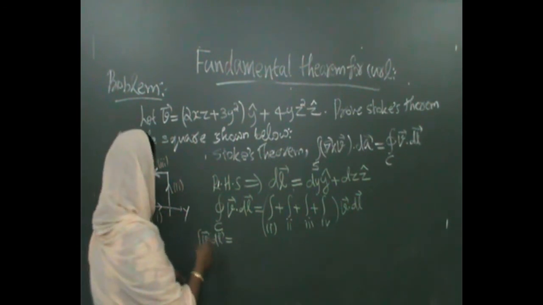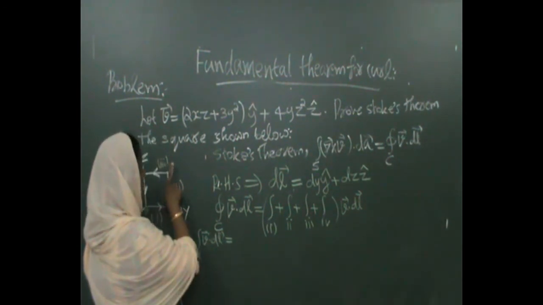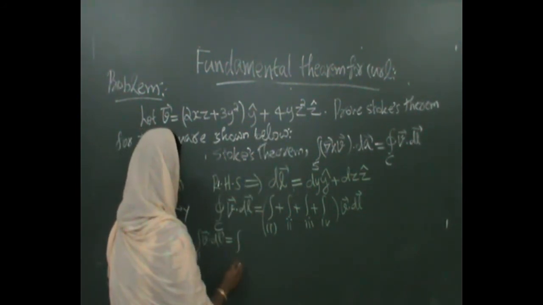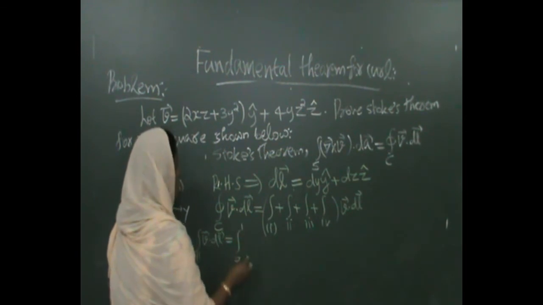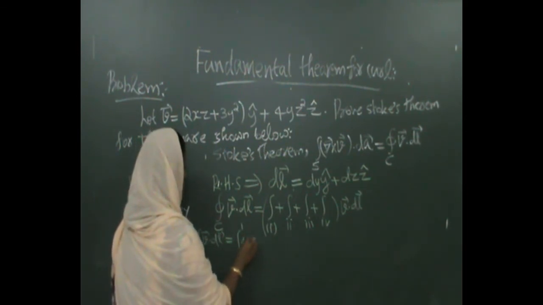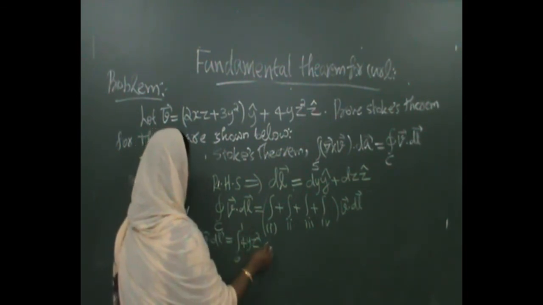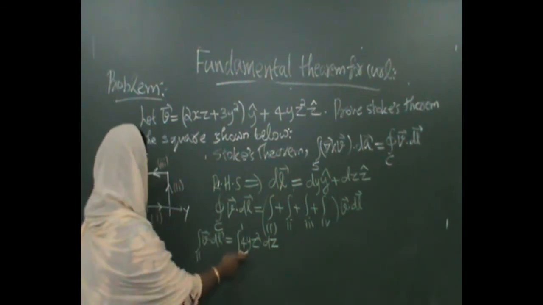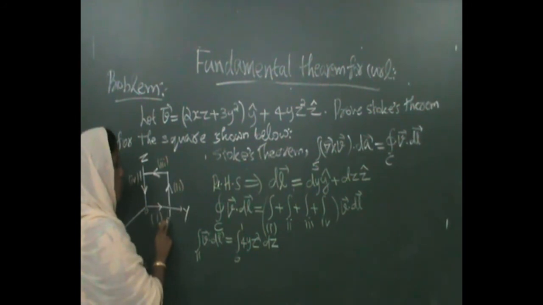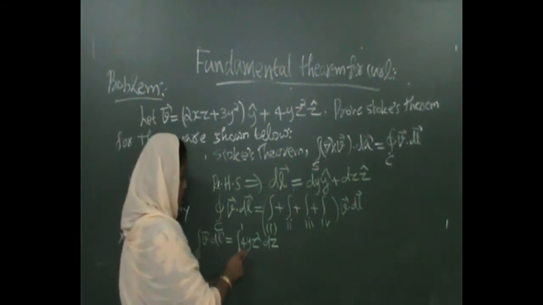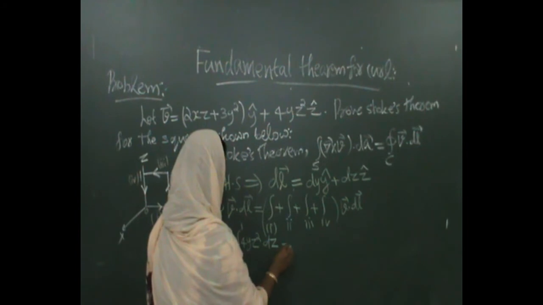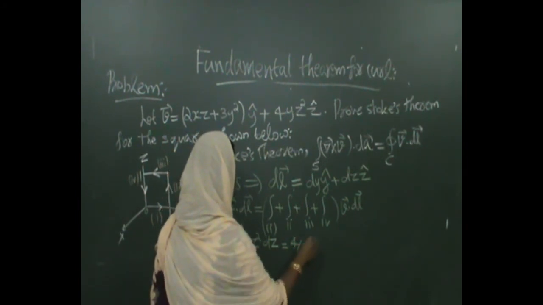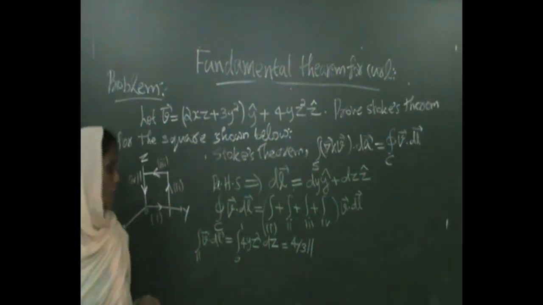So we have only the z component, integral from 0 to 1 of 4yz square dz. Along this path y equal to 1, so you can substitute it here, you get 4 by 3.